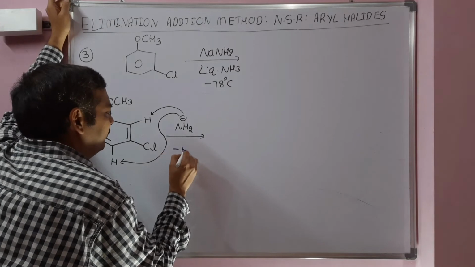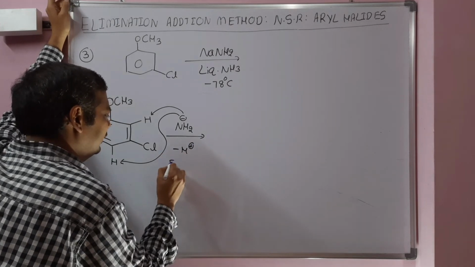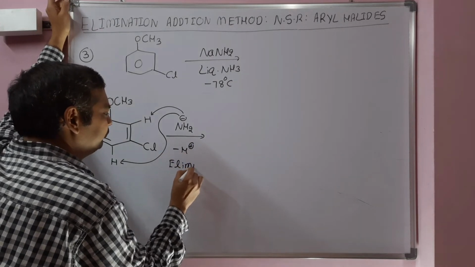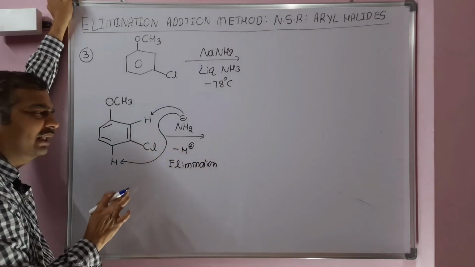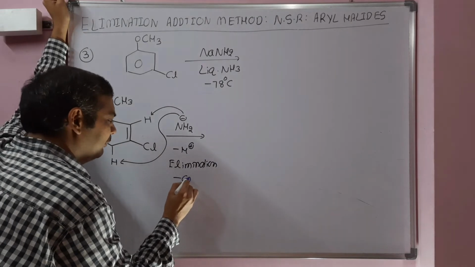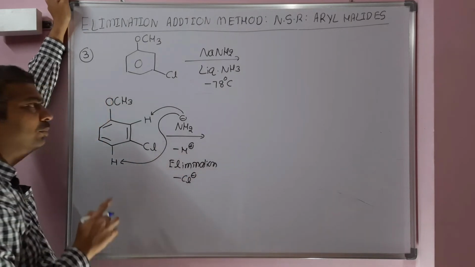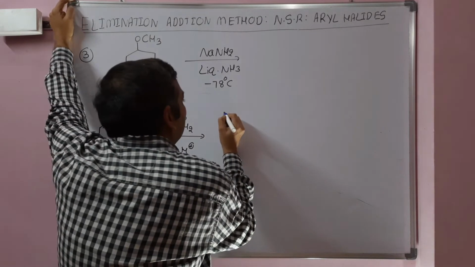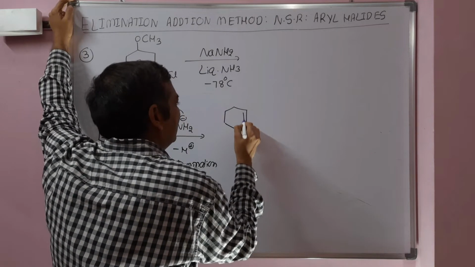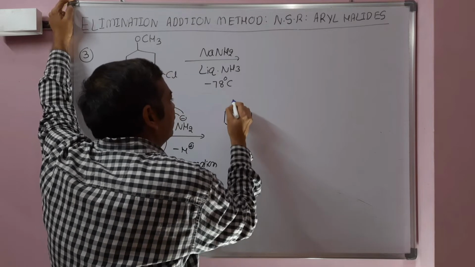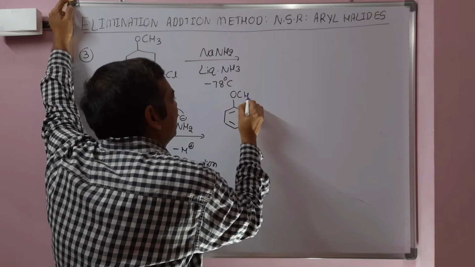So the first step is elimination. After elimination, we will end up with two types of benzynes. I am not writing the carbanion. In the first step a carbanion will be obtained, and after that expulsion of the leaving group. Since it is a little lengthy, I will write the two benzynes directly. OCH3. This is one benzyne.